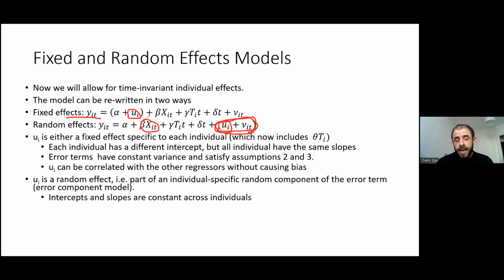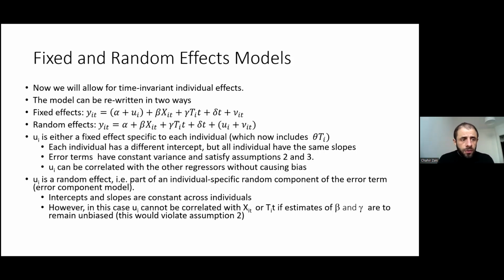Okay, and again, for the rest, it will be basically an OLS regression because we have the same intercept and the same slope for all individuals. So that's just a very general distinction between the way we approach fixed and random effects models.